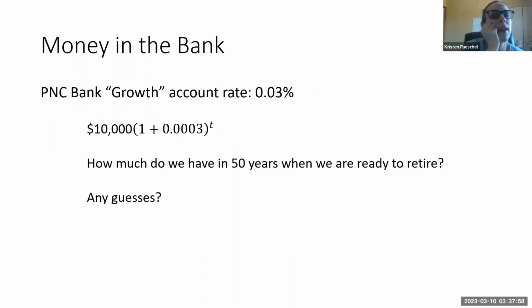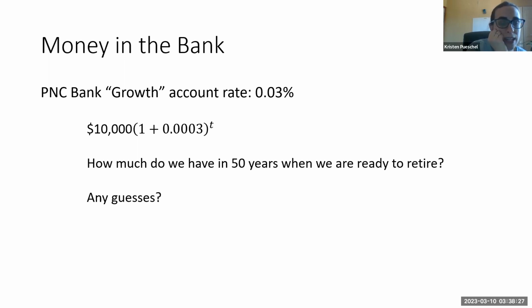Okay. All right. So the first place that we can put our money is in the PNC Bank growth account. So this has a yearly growth rate of 0.03%. Okay. So to figure out our money after T years, we're going to take the growth rate, 0.03%.